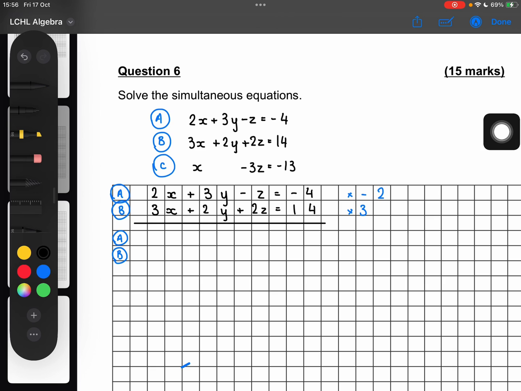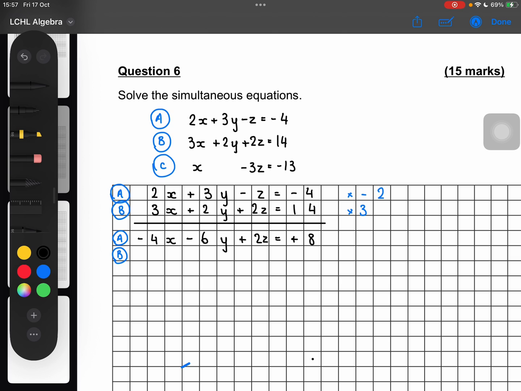Okay, I'm going to multiply the top line by -2, so I get -4x -6y plus 2z is equal to, don't forget to multiply the other side, plus 8.